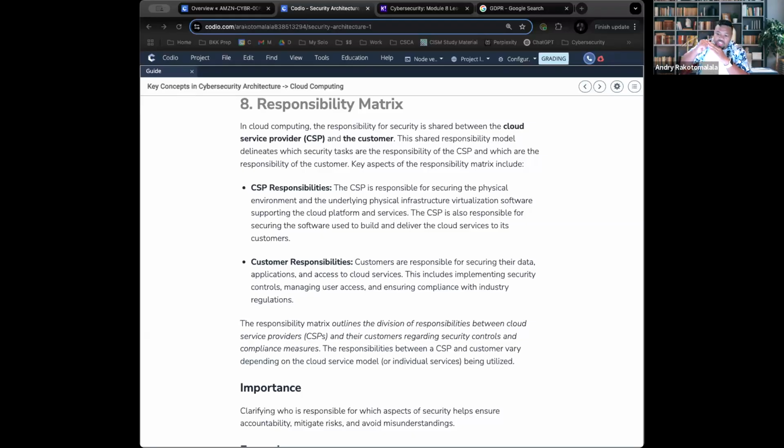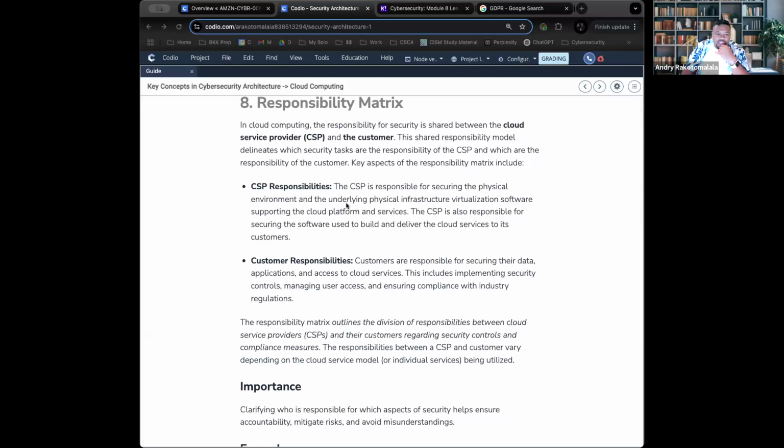Typically, it's what we call a shared responsibility model, okay? Now, you do have to decide who is responsible for what, depending on what you have on your team, right? So you have the cloud service provider, the CSP, and the customer. Now, with these two entities being the people that we want to keep in mind, they each have different responsibilities. For example, the cloud provider, their responsibility is to handle data security.